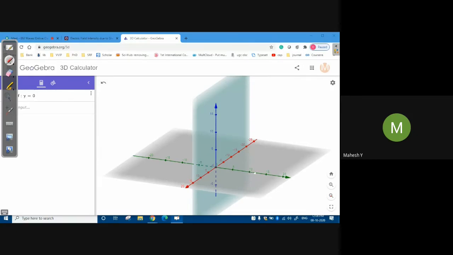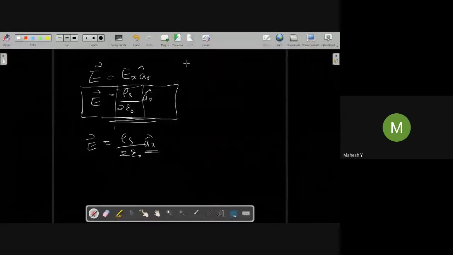I have to take a point here, which will be y away, and I have to consider x prime as the variable. So the electric field intensity again will split into two components, x component and y component. The x component will cancel due to this line and this line, but only y component will be there.